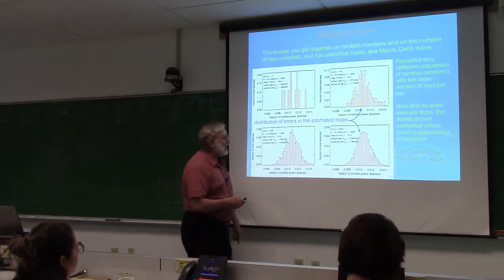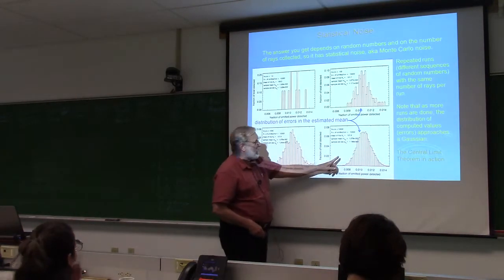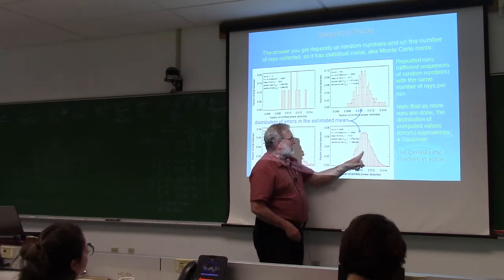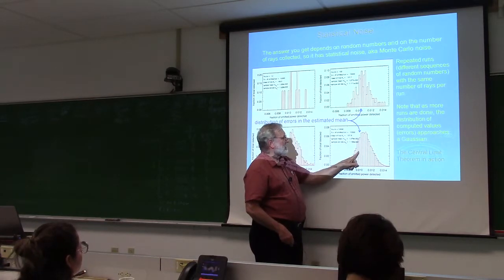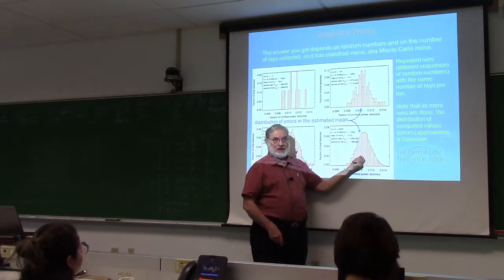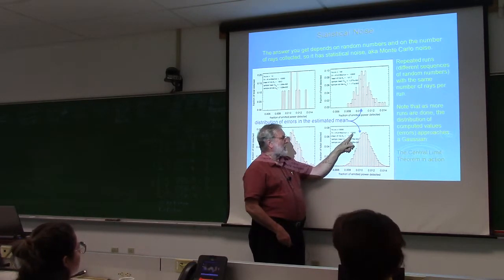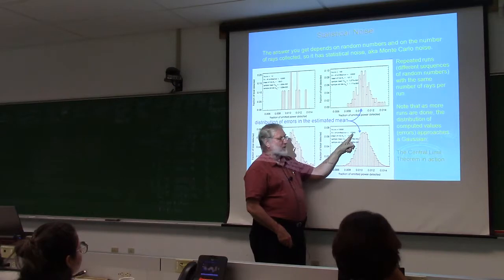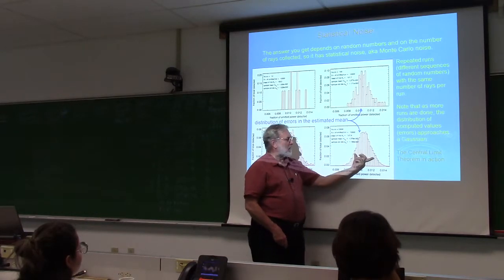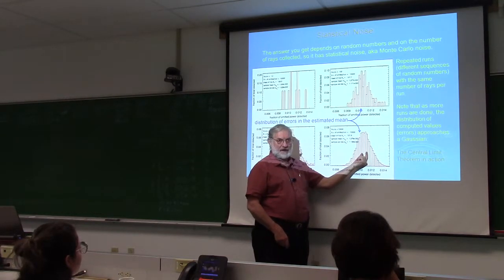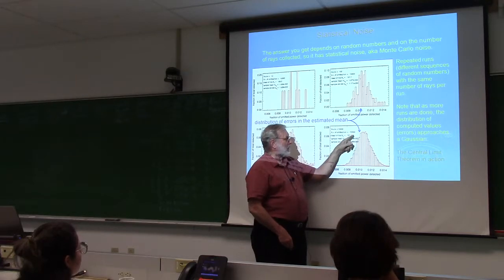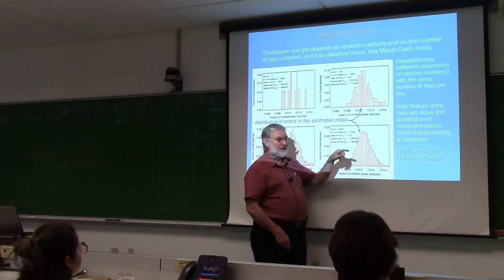So if we say, oh, this is too much variance or too big a standard deviation, I want to cut that by a factor of 10, and I've traced 10,000 here, I have to trace 1,000,000 runs to cut this by a factor of 10. So 1 over square root of 1,000,000 versus 1 over square root of 10,000.